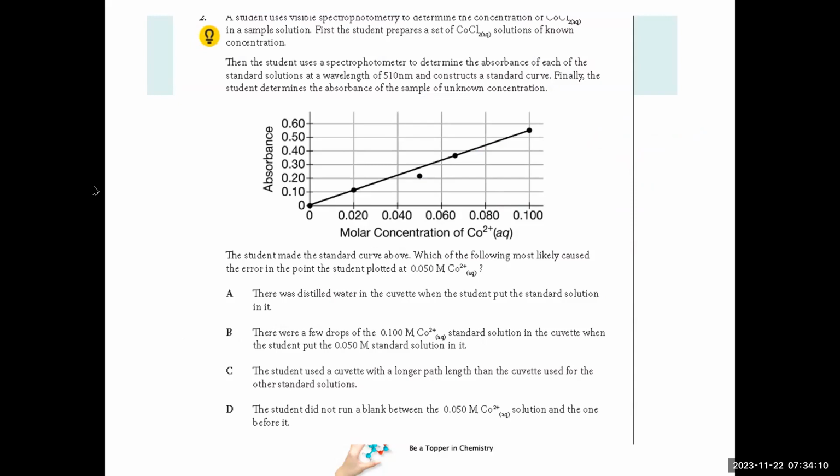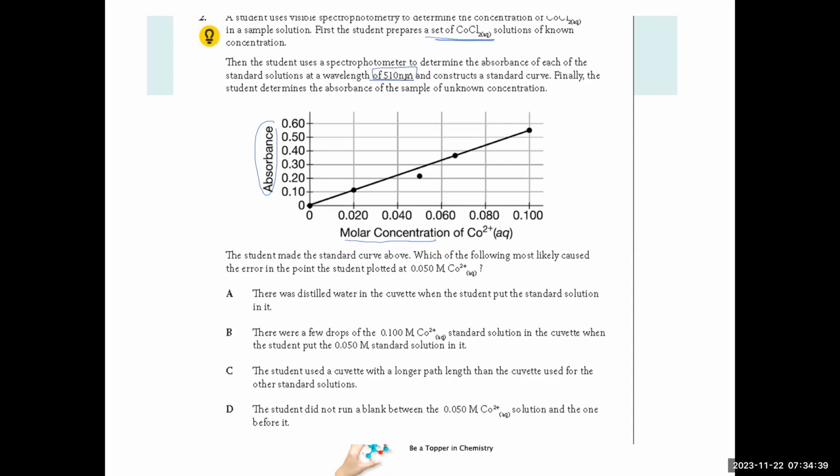So Aditi, you are familiar with this graph? Absorbance, molar concentration. The student is doing visible, which means it must be a color solution. He prepared a set of cobalt chloride solutions, and then he measured the absorbance at this wavelength.